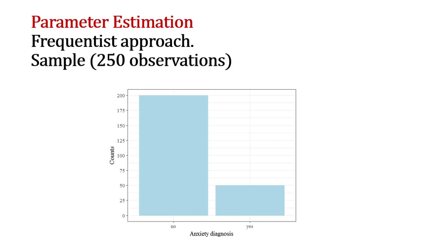And here we use 50 as the count, and in the population obviously we cannot count, because if the population is all humans, there are 7 billion people, so we are not going to come up with a count of the people who would have anxiety.